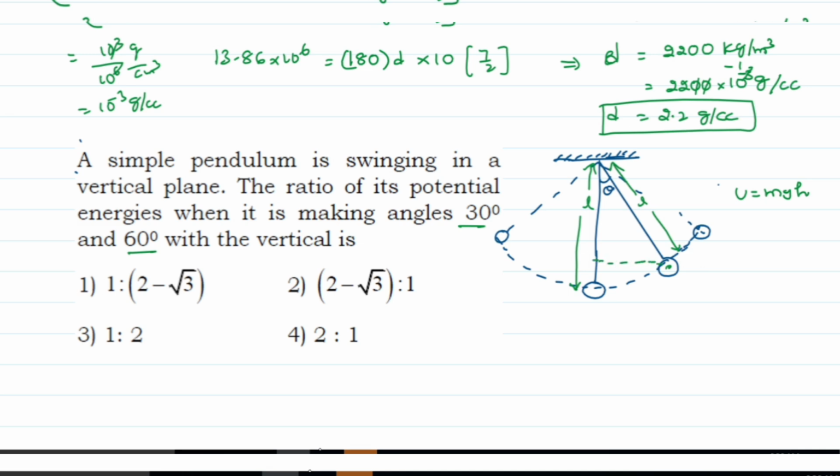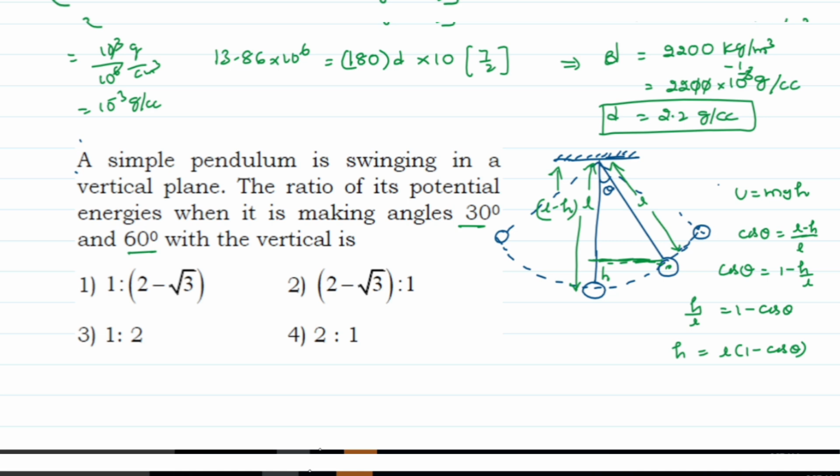This is the vertical height which is rising, h is the height rising, and this is theta and this is L. In the sense cos theta for this triangle will be equal to the adjacent side by L. Here this total length will be L and this will be h, in the sense the remaining value is L minus h, so cos theta equals L minus h by L, the hypotenuse being L. Then cos theta is 1 minus h by L, and h by L equals 1 minus cos theta, and h is L into 1 minus cos theta.